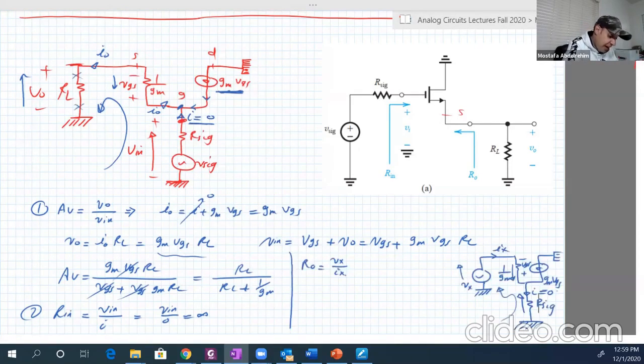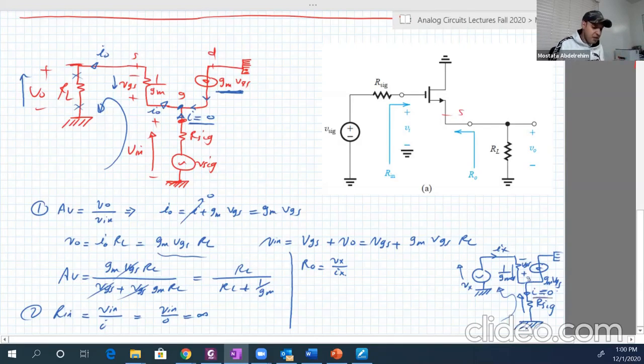So now we're going to calculate R output. Remember again, here is the equivalent circuit after canceling V input and putting Vx and Ix as usual. Remember that the current that flows to the gate is equal to 0, which is I here. Okay, so what is Vx?